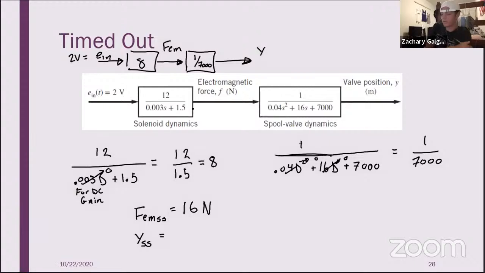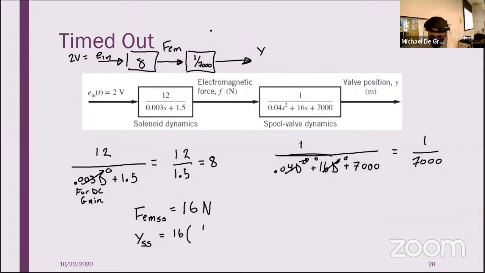One over 7,000 times the electromagnetic force. Yes, exactly. So that's 16 over 7,000. 16 times 1 over 7,000, which we can all do in our head, obviously, which is 0.0023 meters, or 2.3 millimeters.